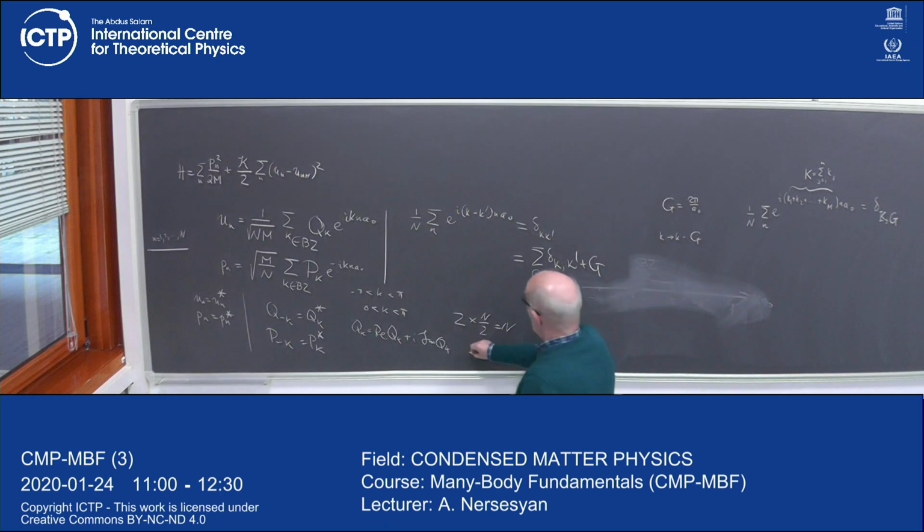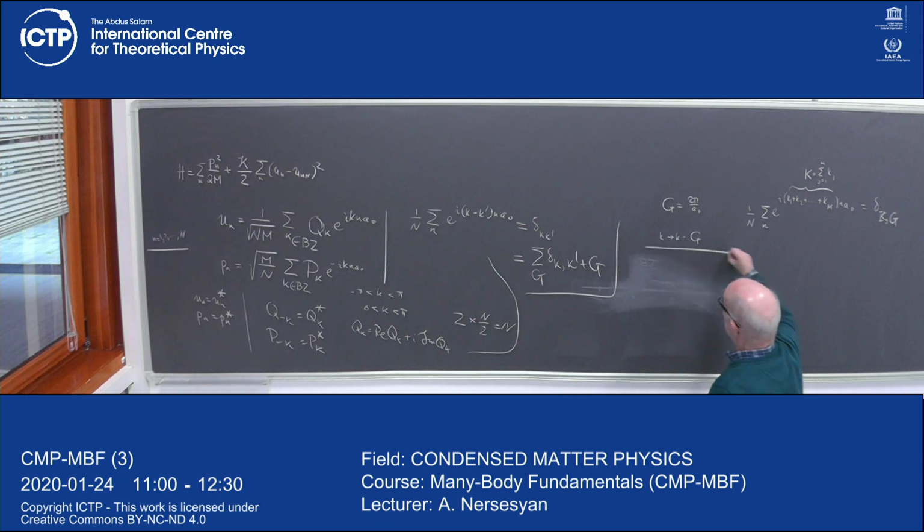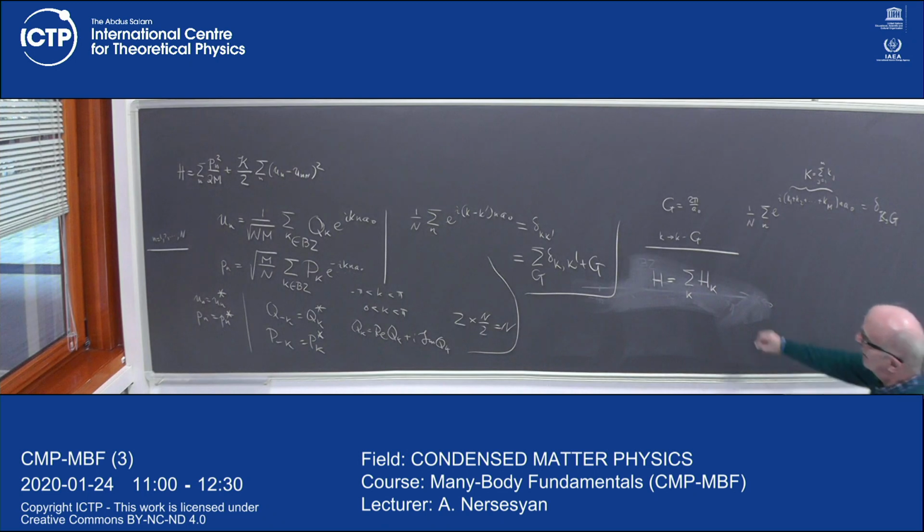So if you use this formula, then the result of your calculation should lead to the following very nice expression. It should be a sum over all k's, where k goes again within the Brillouin zone, of independent contributions h of k.